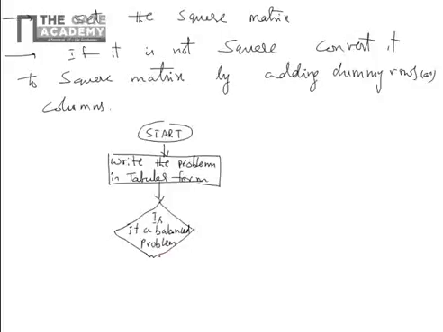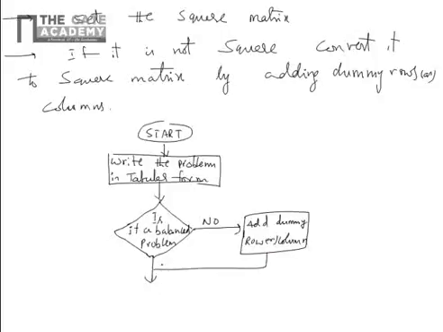If yes, then go to the next step. If no, add a dummy row or dummy column and convert it into a balanced assignment problem.